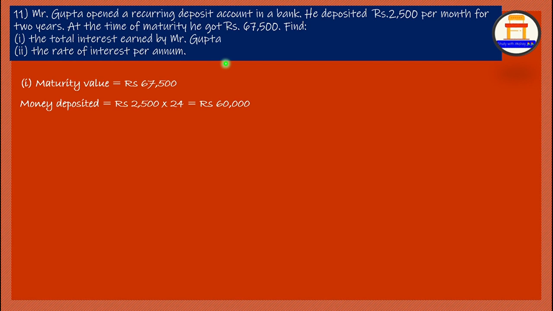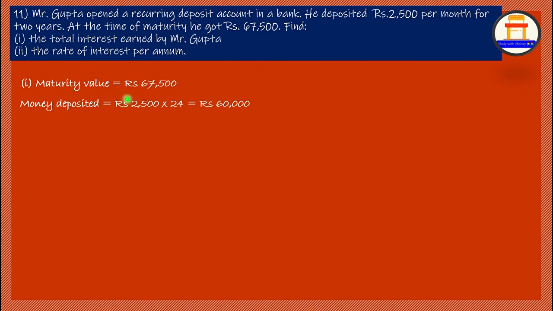And we know the money deposited is principal into number of months. That formula we are using. Principal is 2,500. Please do note down what is given, if it is possible for you.